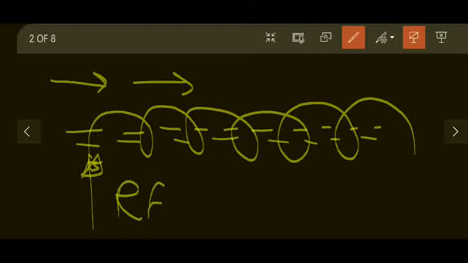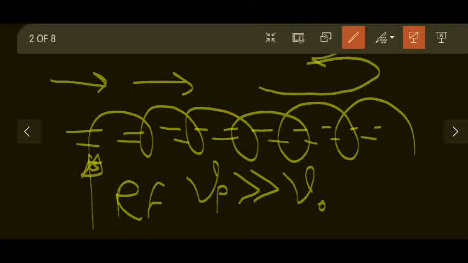But if phase velocity of a traveling wave becomes greater than beam velocity, then waves will move backwards. So it should generate oscillations in that case. But this happens very rarely.